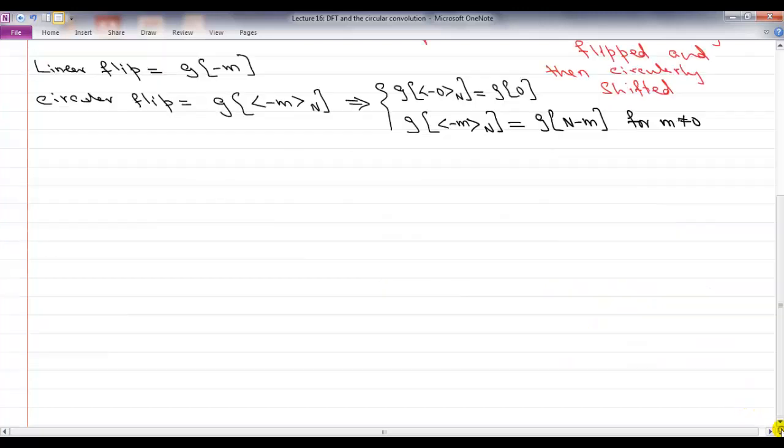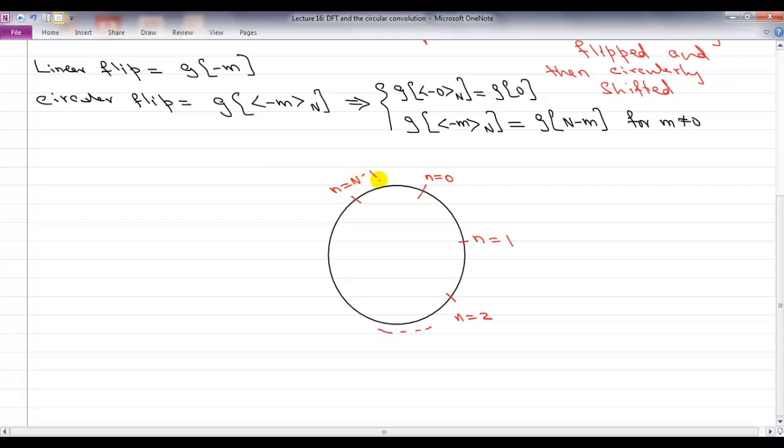Now this is the mathematical definition. We can also have a graphical representation of this circular flip by having this circle and then labeling on this circle the indices. So the indices start from n equal to 0, then we go to n equal to 1, n equal to 2, and we keep on going till we reach n equal to n minus 1.